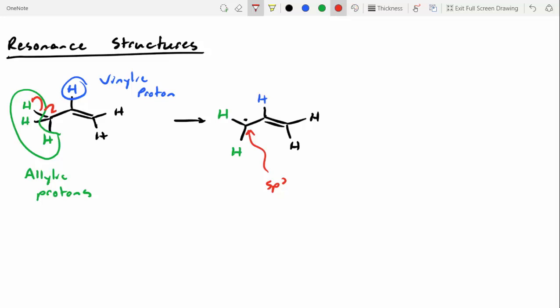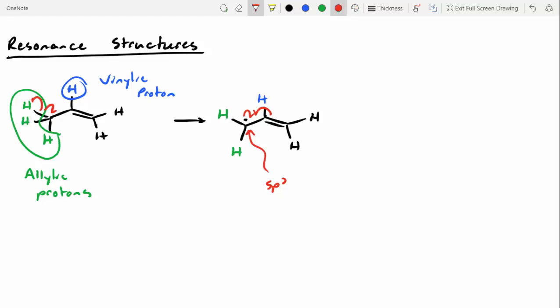So what we can do is have this single electron get dumped down into that carbon-carbon bond, but we can't have a single electron form a sigma bond. It needs a partner, right? So where could we pull a partner from? From the double bond. So steal an electron from over here. Now we would get a double bond between those two carbons.